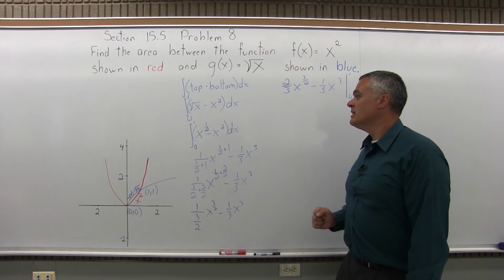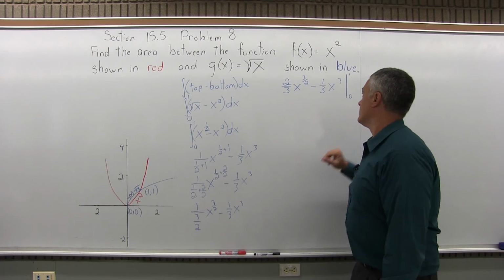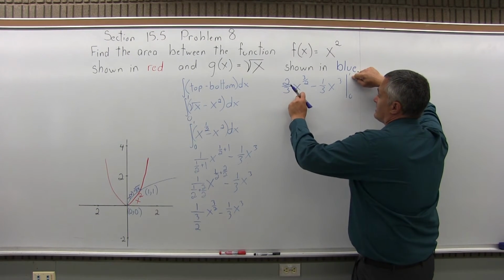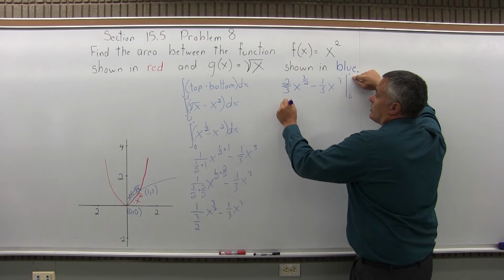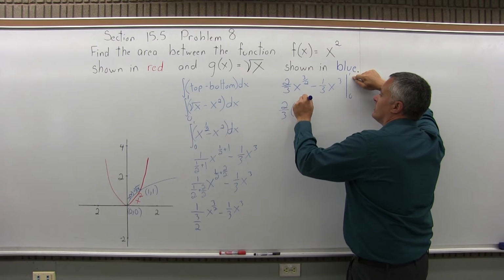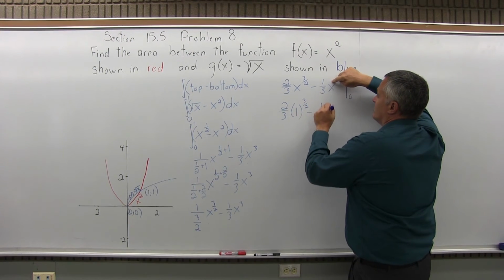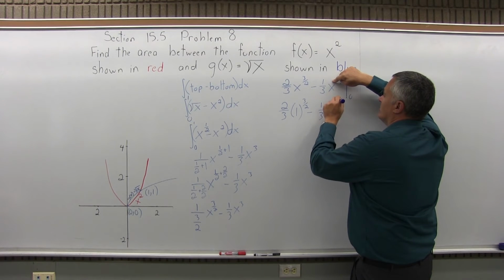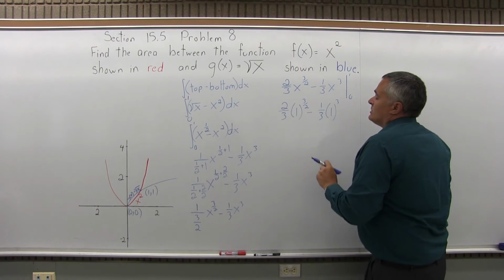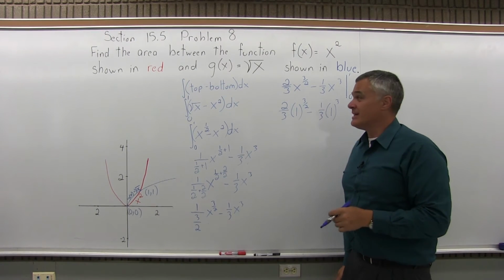Step 2 is I'm going to put the upper limit of integration into my result for the integral. So the 1 goes in for x. So 2/3 x to the 3/2 will become 2/3 times 1 to the 3/2. Then minus 1/3 x cubed becomes 1/3 times 1 cubed. So 1 to the 3/2, 1 to any power just stays 1.